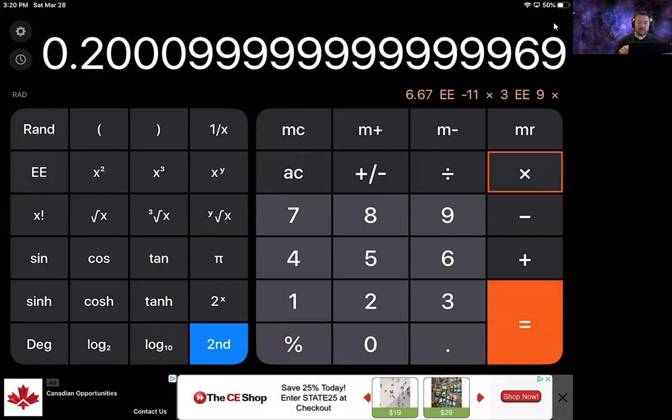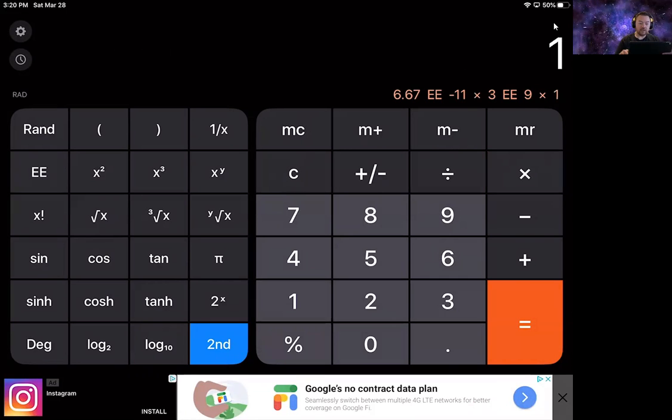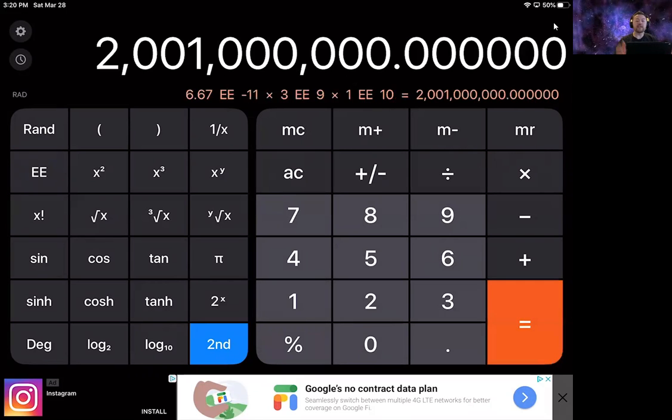And then multiply that times 1 EE to the 10th power. And let's see what happens to the force of gravity between them. Now we're talking. That is some appreciable gravity between these two objects. That is a gravitational force of 2 billion newtons between them.